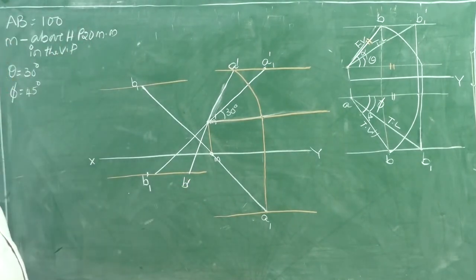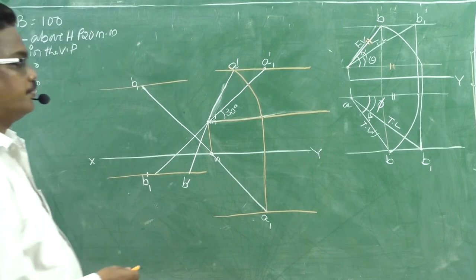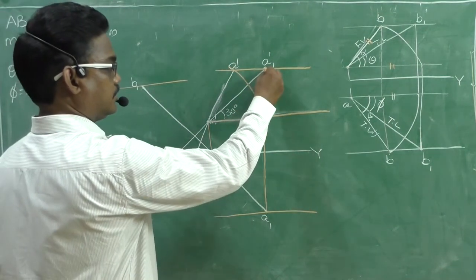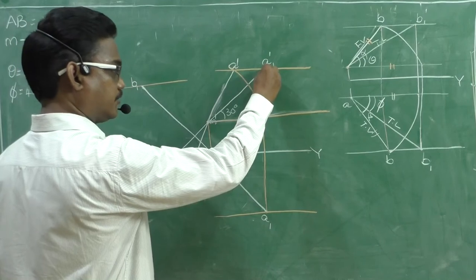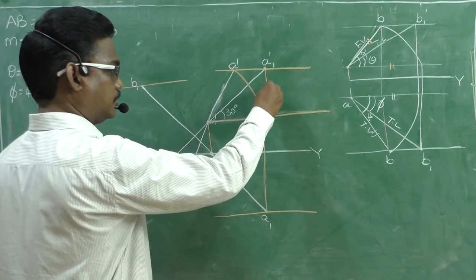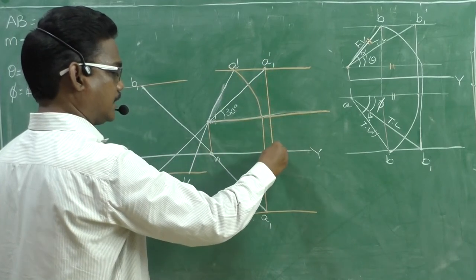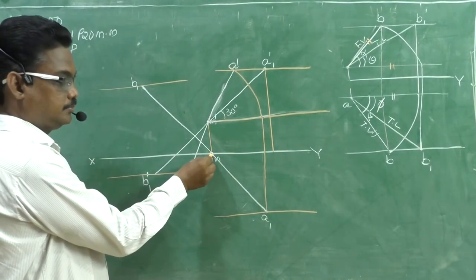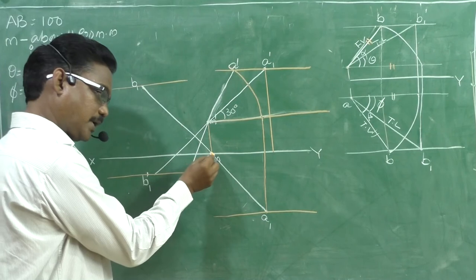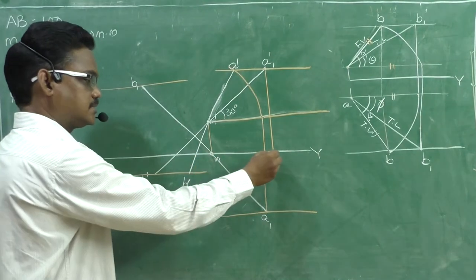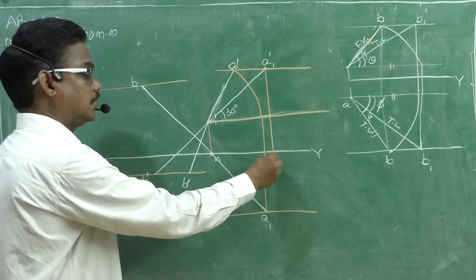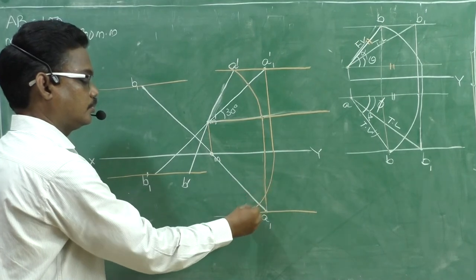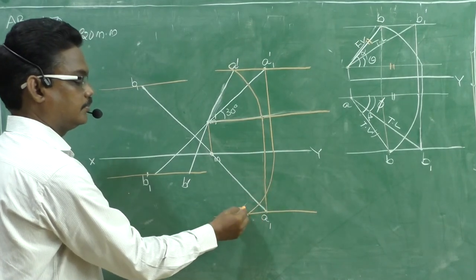Okay. Now, for the top view. For the top view, project the moving point from the front view up to a horizontal line which is passing through the fixed point in the top view, right? By considering this point as center, rotate it. It will cut here.